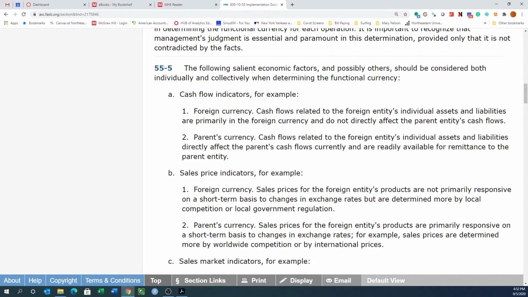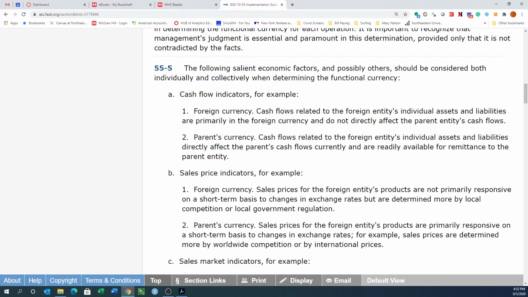It does not ultimately control the cash going in and out, right? The cash flowing in and out of that German entity is available to go right to the parent entity. That, to me, is a key that would suggest that you have to use the parent's currency for that German entity.